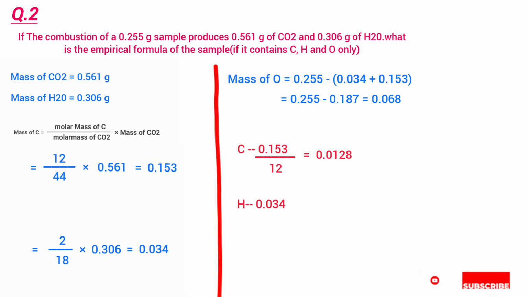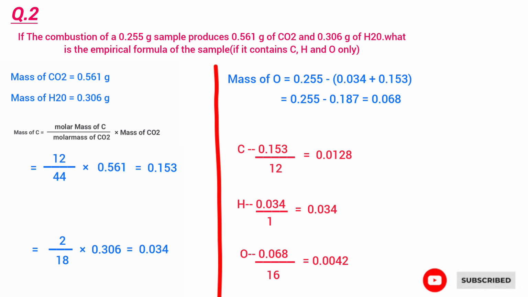Dividing by its atomic mass, which is 1, we have 0.0340. For oxygen, we calculated the mass of oxygen as 0.068. Dividing by its atomic mass, which is 16, we have 0.0042. Next, we divide by the smallest mole ratio, and in this case, that is 0.0042.